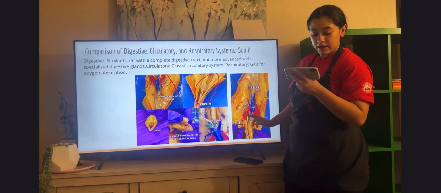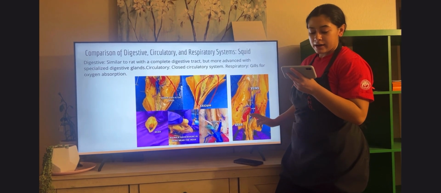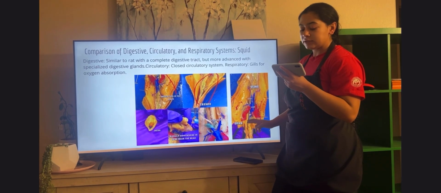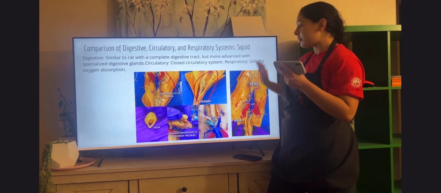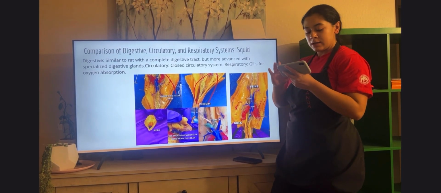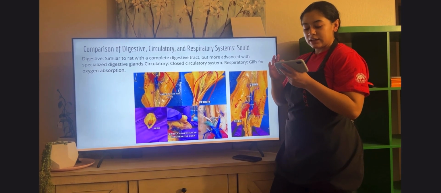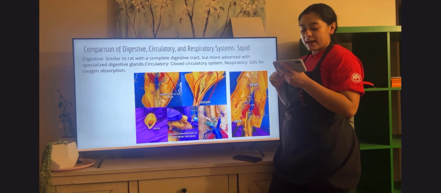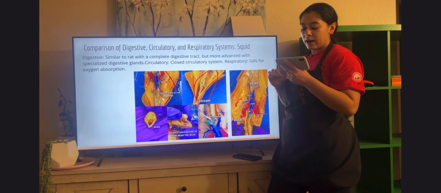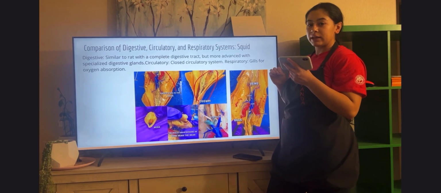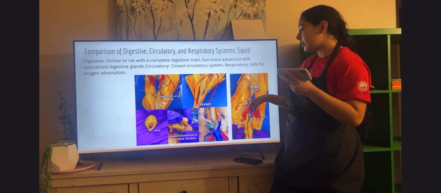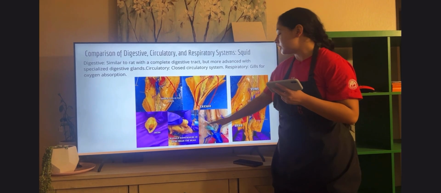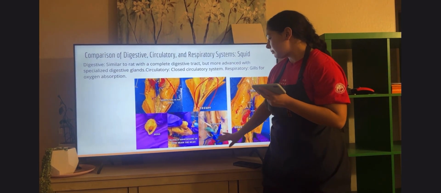The gills are over here, and they rely on this for oxygen absorption, but they have a more complex circulatory system to help their active lifestyle. The squid has a closed system similar to the rat, where blood is circulated through vessels by a 3-chambered heart. Right here you can see that 3-chambered heart, and then here's their digestive system, that stomach right in here.